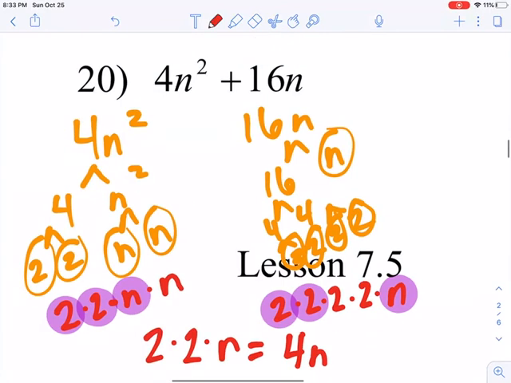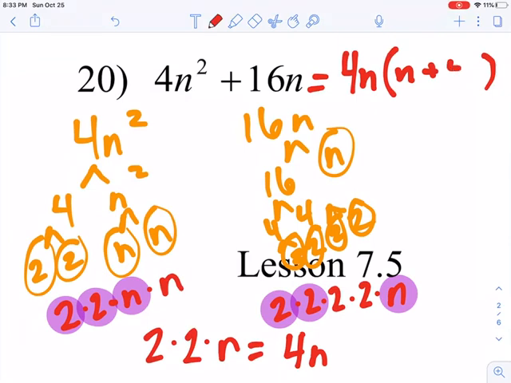So we're going to rewrite this. Okay, 4n is going to go on the outside. What did you not use for 4n squared? It looks like an n, so that goes first. Put your plus in the middle. What did you not use under 16n? 2 times 2, which is 4.